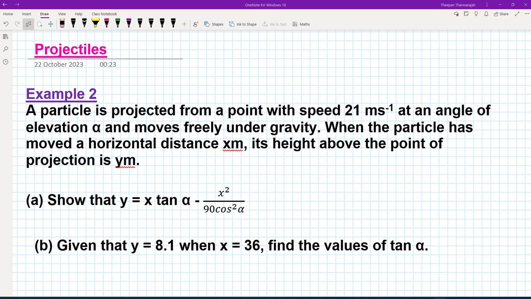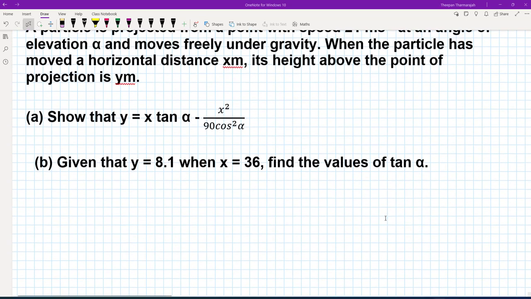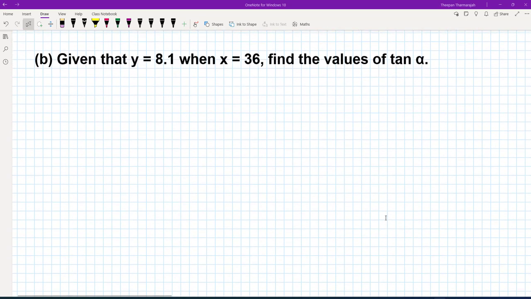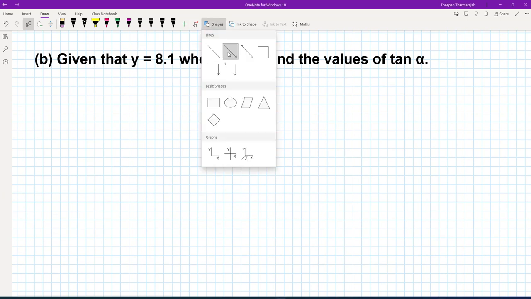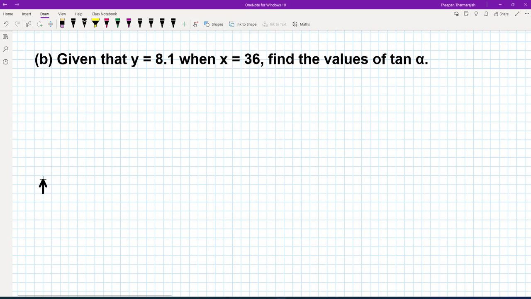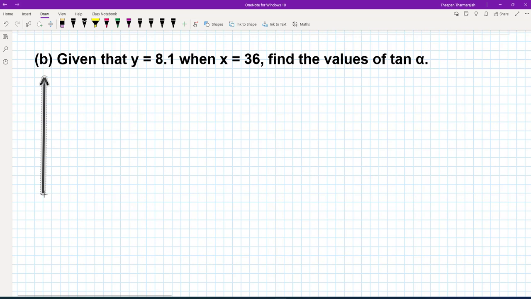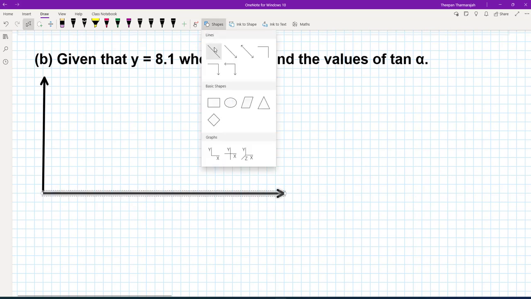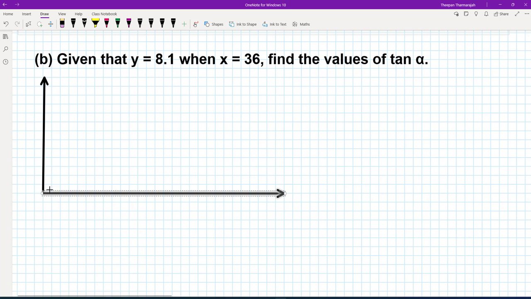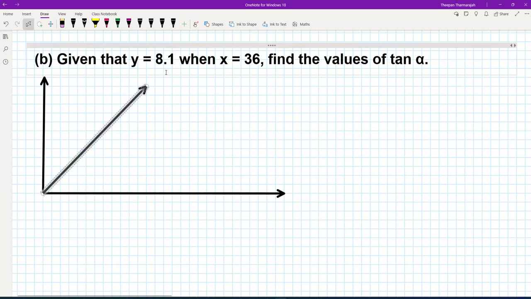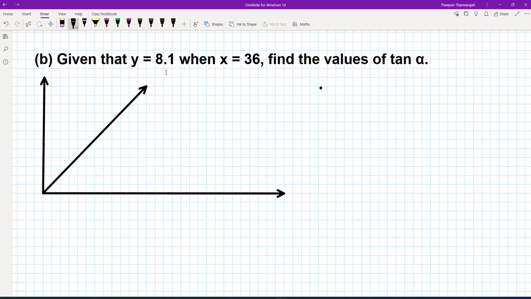So, like in the previous example, we're going to start off by drawing a diagram. So let's do that. We're going to draw in the vertical displacement, its corresponding horizontal displacement, and the velocity, and then we can draw in our projectile as we did last time.